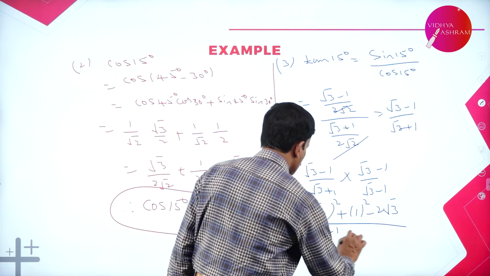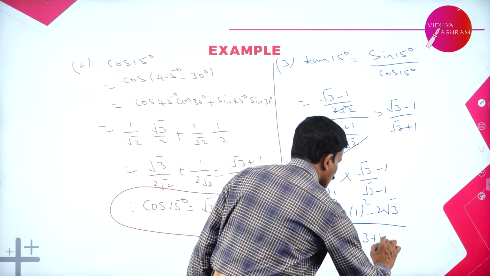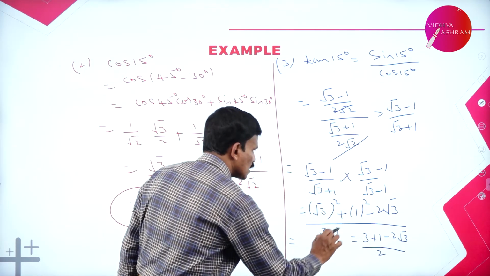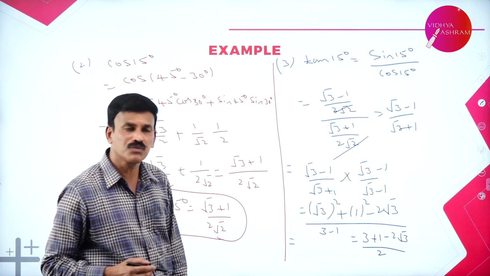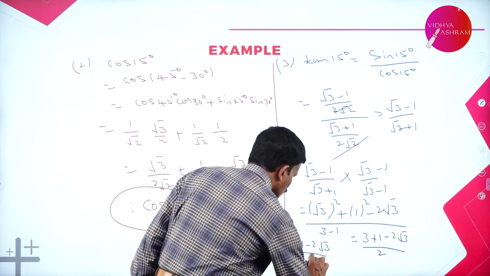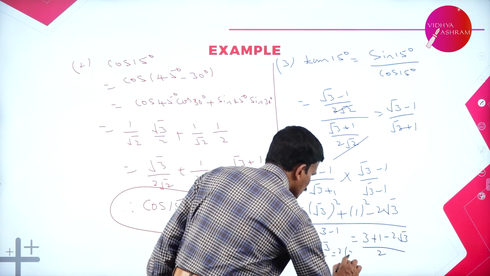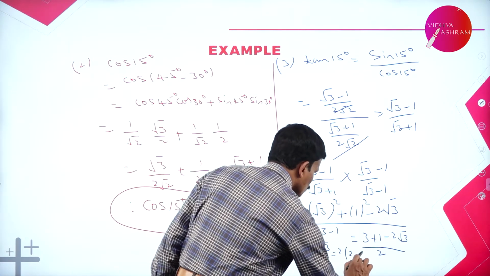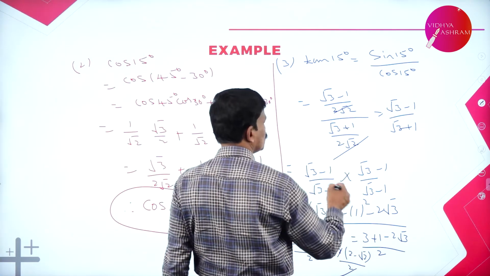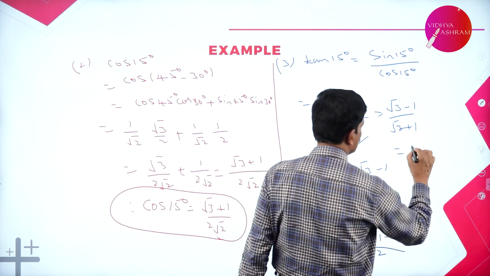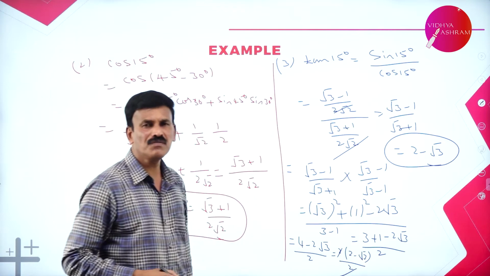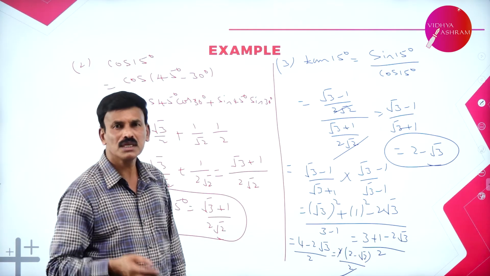So this is equal to 3 plus 1 minus 2 root 3 divided by 2. 3 plus 1 is 4, so 4 minus 2 root 3 divided by 2. Take 2 common: 2 minus root 3 divided by 2. The 2 cancels. So the simplified answer is 2 minus root 3. So tan 15 degrees is equal to 2 minus root 3.